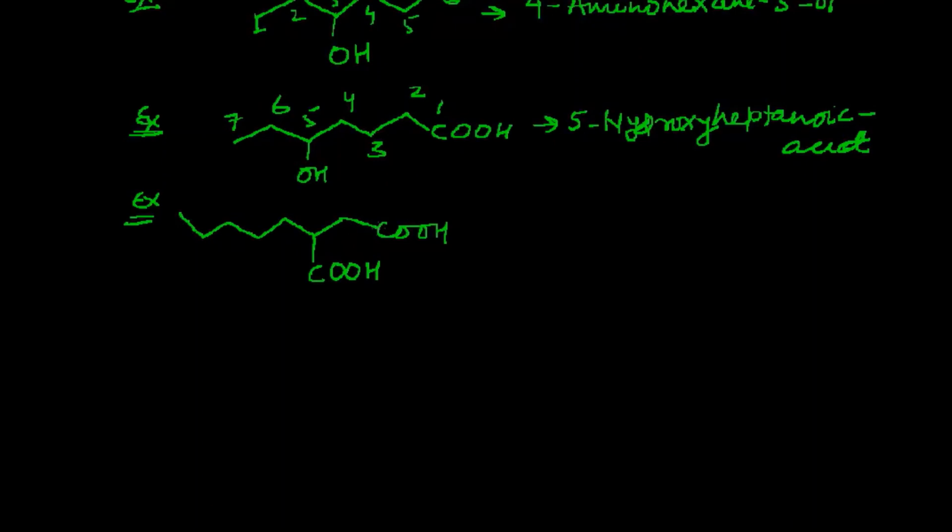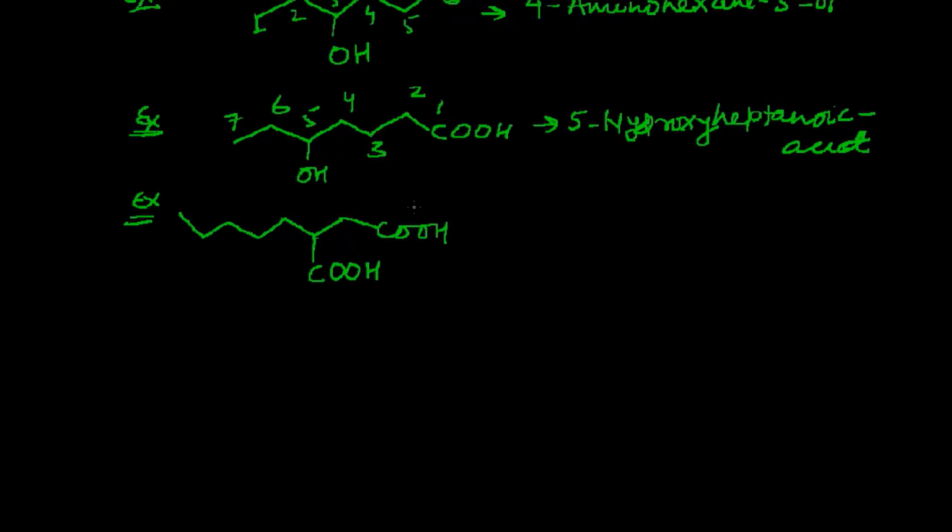If I start counting, 1, 2, 3, 4, 5, 6, 7, 8, it has 8 carbons in the chain but only one COOH group. But if I take this one, 1, 2, 3, 4, it has only 4 carbons but with the 2 functional groups.